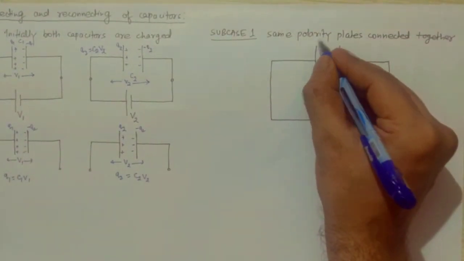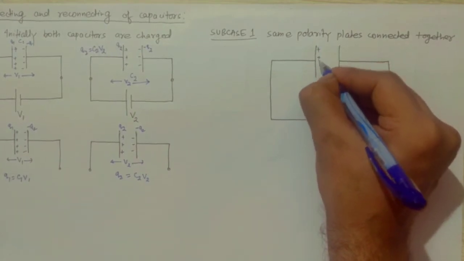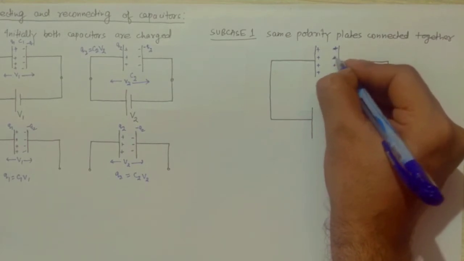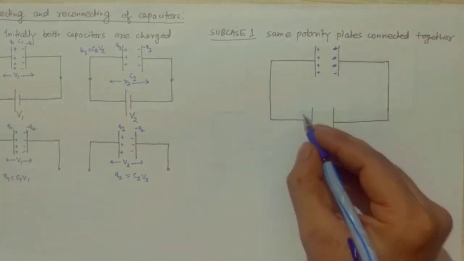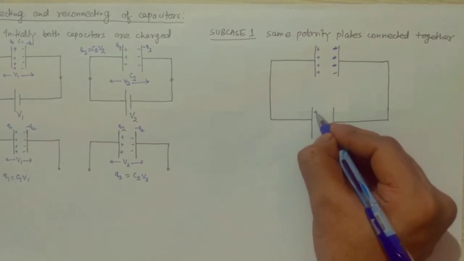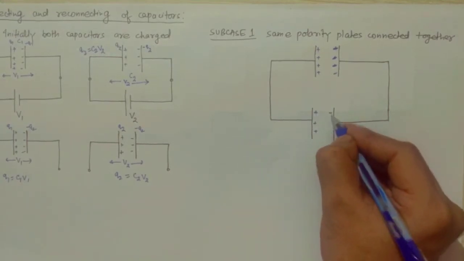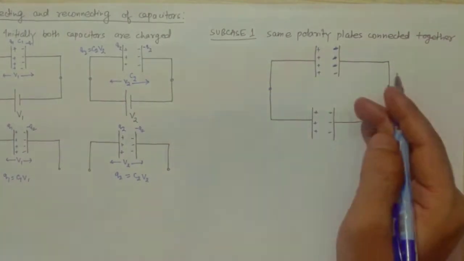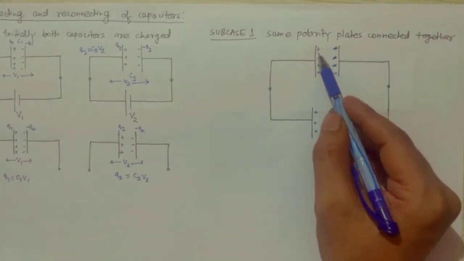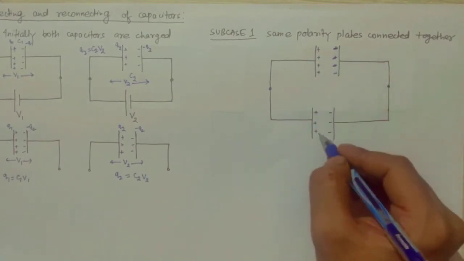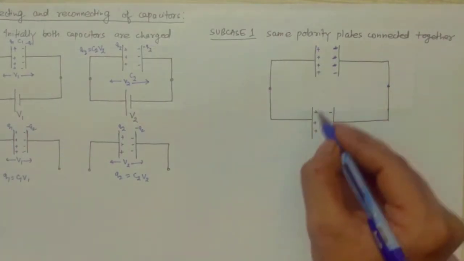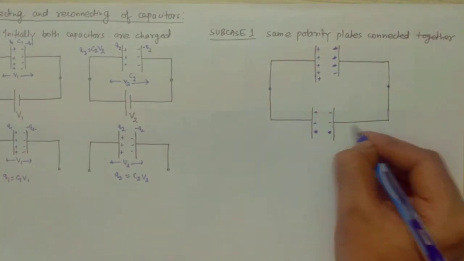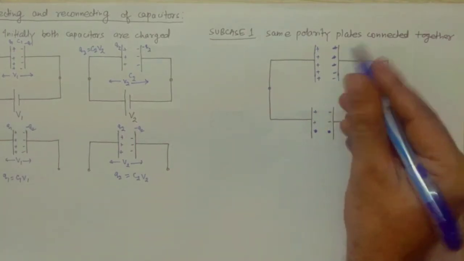So here initially we have 4 positive charges and here an equal amount of negative charges, and on the second we have 3 positive charges and here an equal amount of negative charges. Once they are connected, the charge will redistribute. Suppose one positive charge goes from this plate and comes onto this plate, so this will be the final situation on the plates of the two.